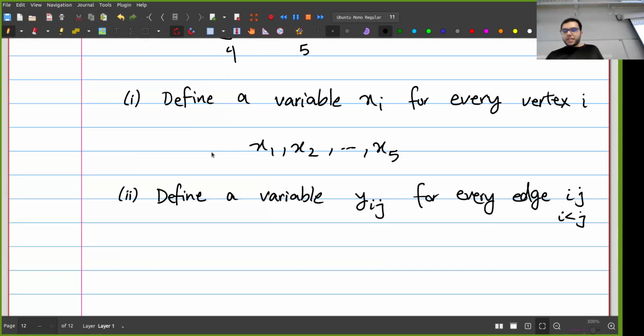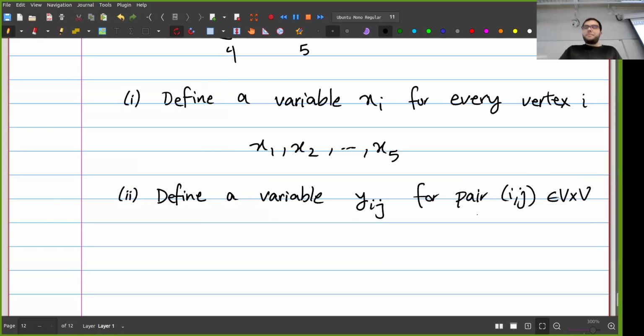But instead of saying for every edge, I can actually do it for every pair of vertices. So for every pair ij of vertices, define a variable. And then I want to add a constraint that this variable is 1 if there is an edge in the graph, and this variable is 0 if there is no edge in the graph.